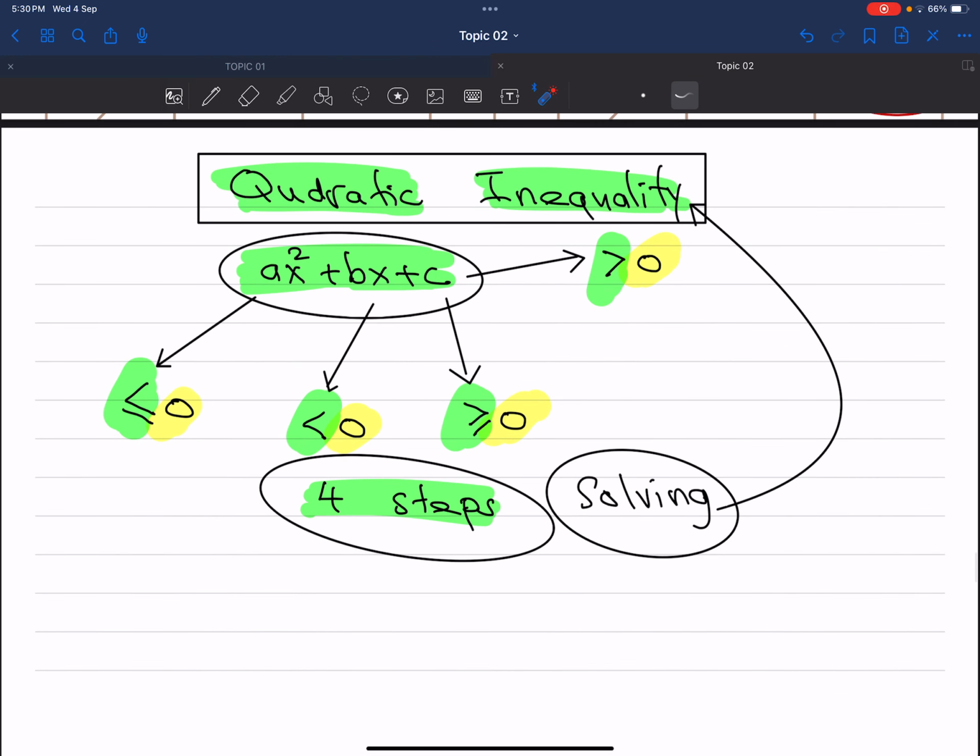Some basic notes regarding quadratic inequalities. Quadratic means the expression ax squared plus bx plus c.